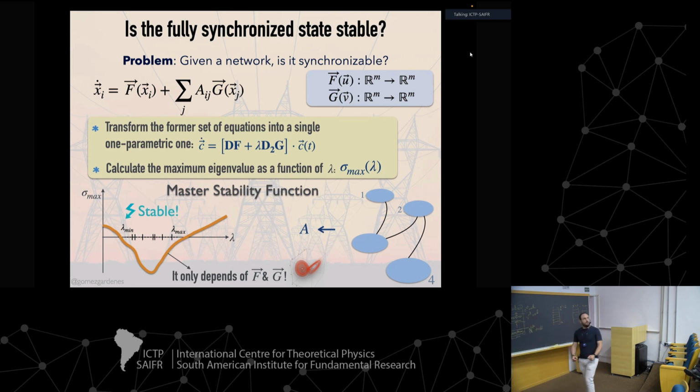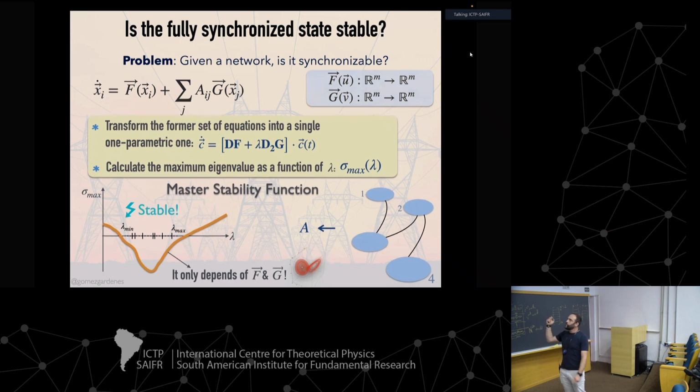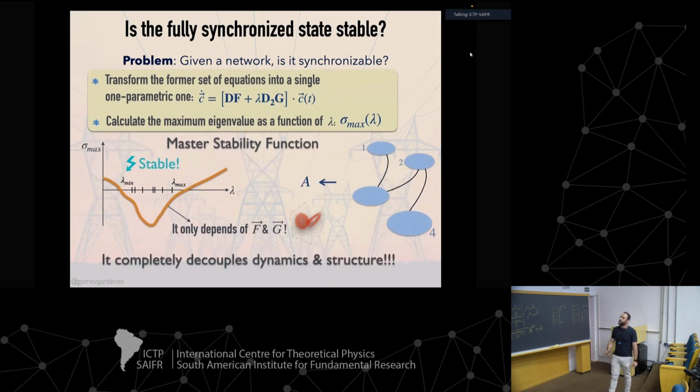If you have a connectivity matrix in which you have, for instance, this spectrum and some eigenvalues like this one and this one correspond to positive values of the master stability function, then you have it unstable and we have no light. But the important thing is that we have achieved the goal. We have completely decoupled the n-dimensional thing, the network, from the m-dimensional thing, which is the dynamics, which are totally different in the order of magnitude.